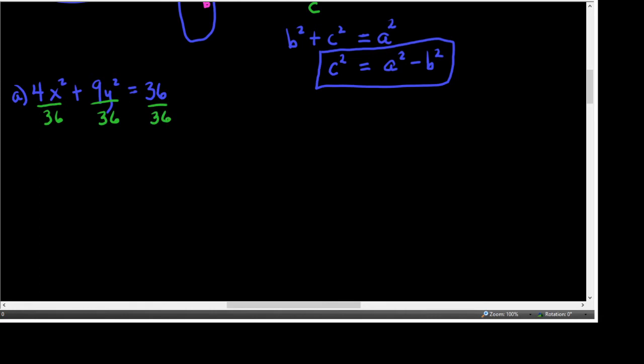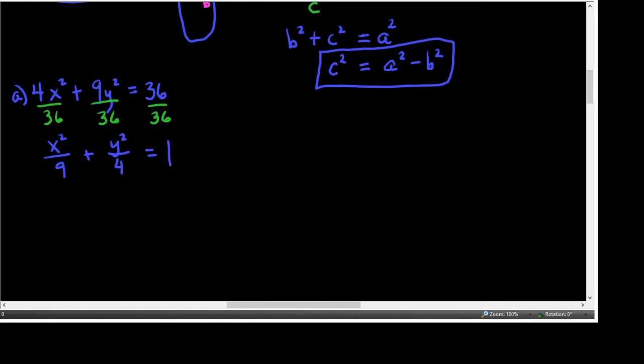That's going to turn that right side into equals 1. Now, simplifying, 4 and 36 cancel, leaving 9 in the denominator. And 9 and 36 cancel, leaving 4 in the denominator, equals 1.